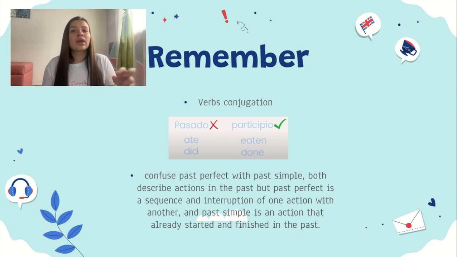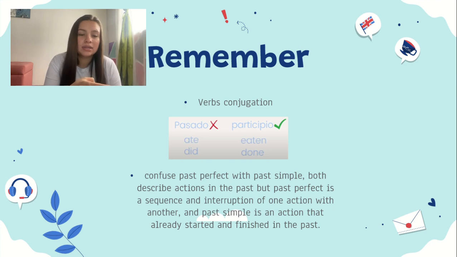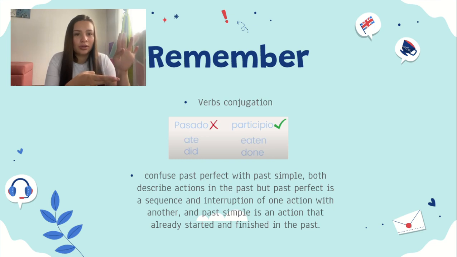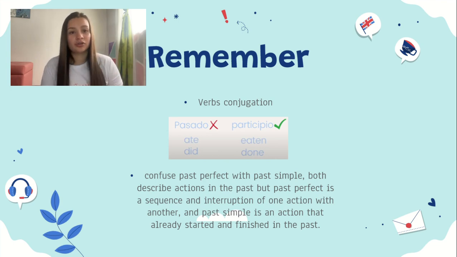In this case, we are emphasizing the duration of the action, but the past simple is always, for example, start and end, no more. But in this case, we pay attention to the duration of the action.